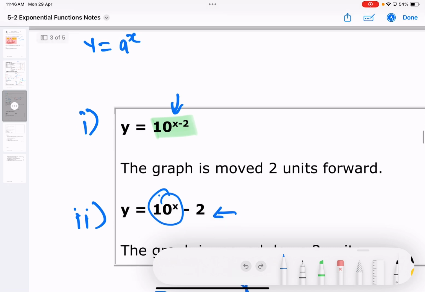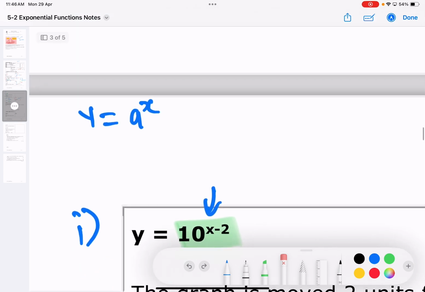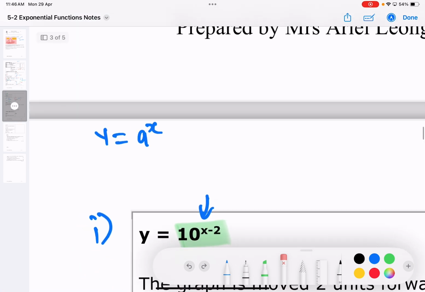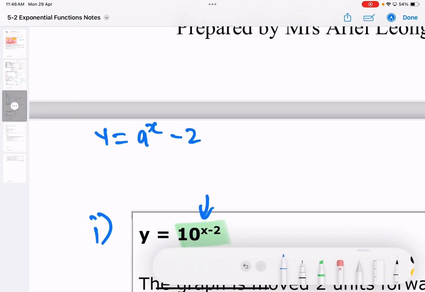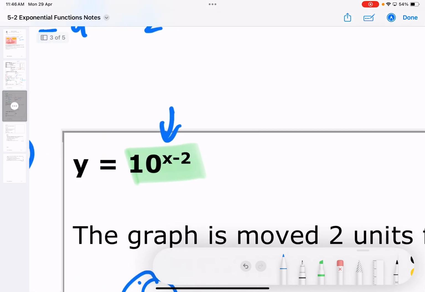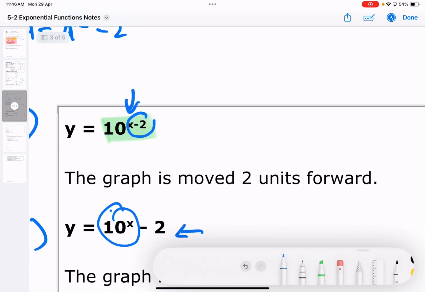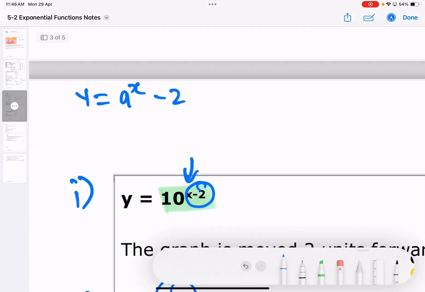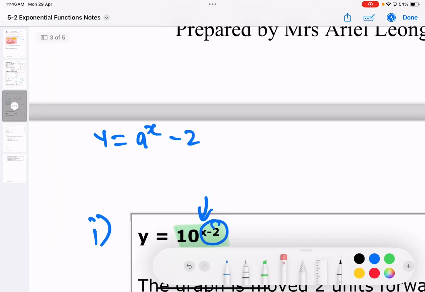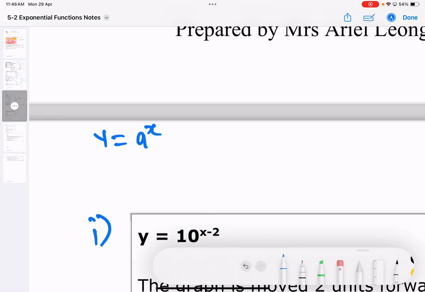When I'm doing examples like number 2, I'm saying that my parent function moves up or down, plus or minus 2. But when I have x minus 2 in the power, I am no longer shifting it up and down, I'm actually shifting it left and right. So that's the difference.